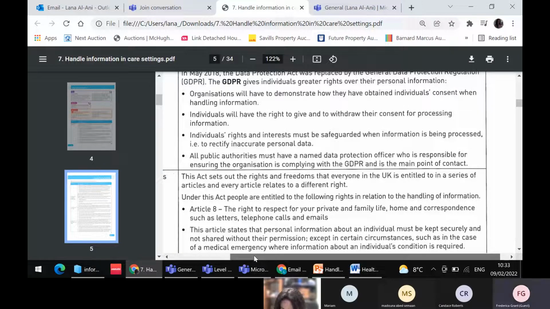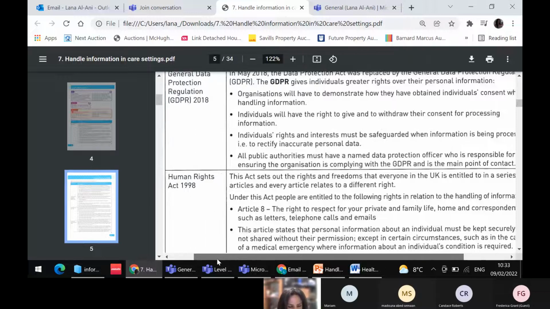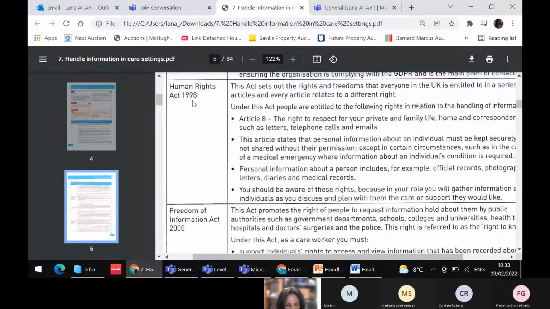Yeah? Okay, excellent. Now we have the Human Rights Act 1998. So human rights. What's the human right in terms of data? The Human Rights Act is very long, but in terms of information, what we have here is Article 8, the right to respect for your private and family life.